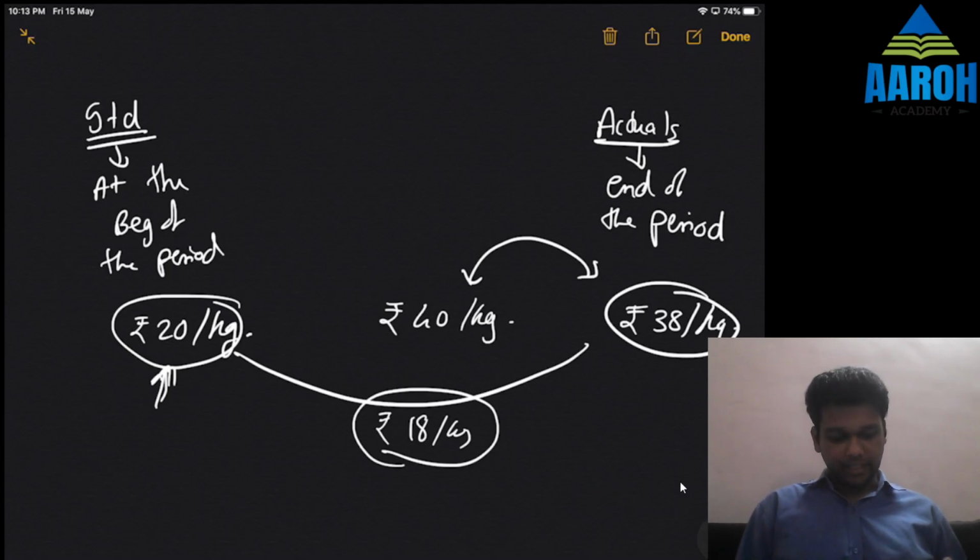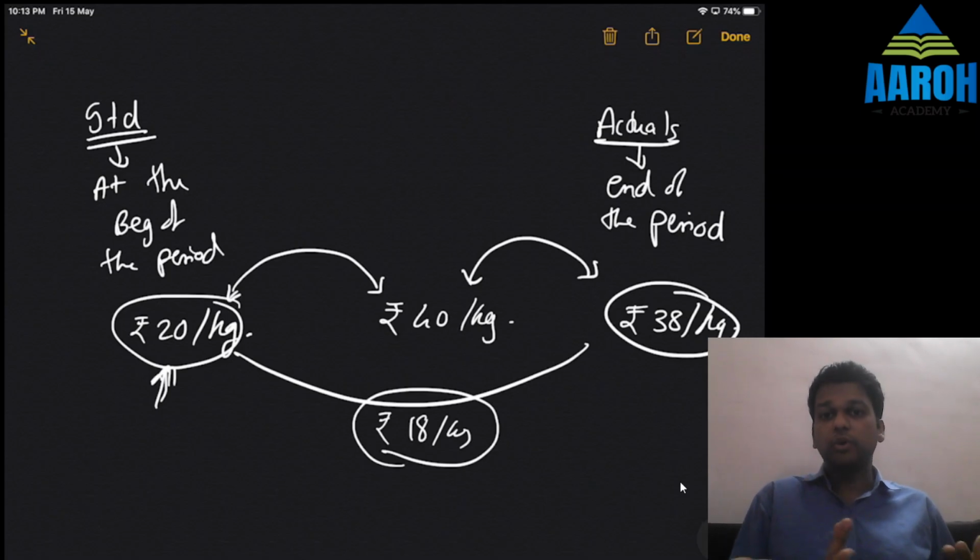So can we say that this difference between 20 rupees per kg and 40 rupees per kg arose because we could not foresee the events, because we could not plan properly? Maybe we did not know, that may not be our fault, or it may be, we don't know. But one thing is sure, that did not arise at the time of purchase.